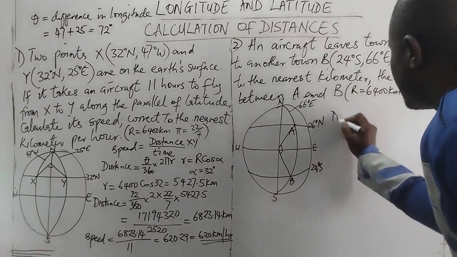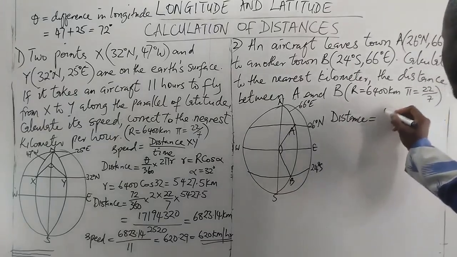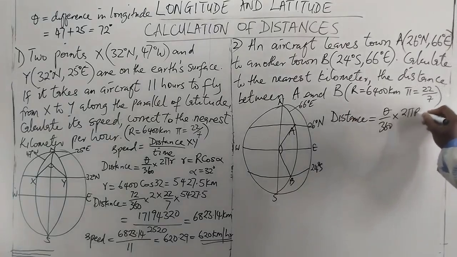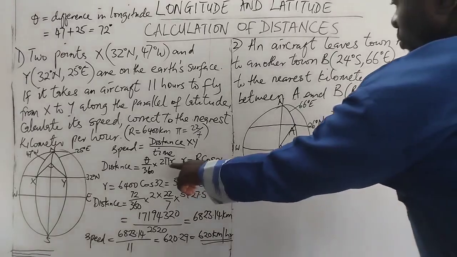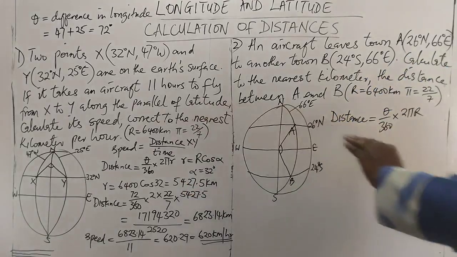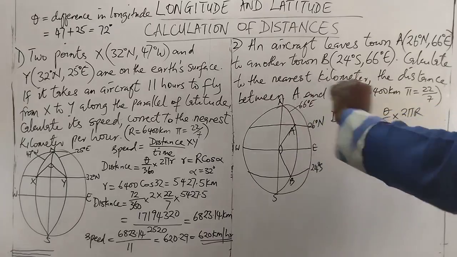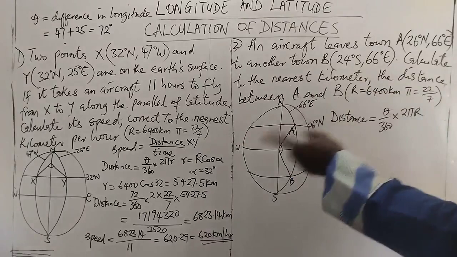So the distance here, the formula will be theta over 360 times 2 pi big R. In the first example, we used small r. The reason is simple. The 2 points were on the same line of latitude, that is, parallel of latitude.